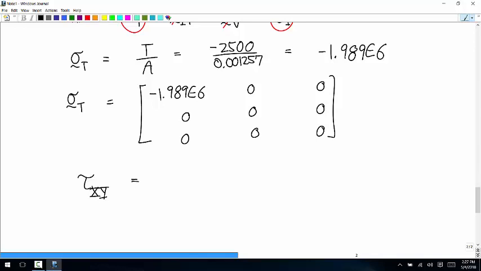And that's equal to torque times rho divided by I sub p. I sub p is, I think, pi over 2 times the radius to the 4th.